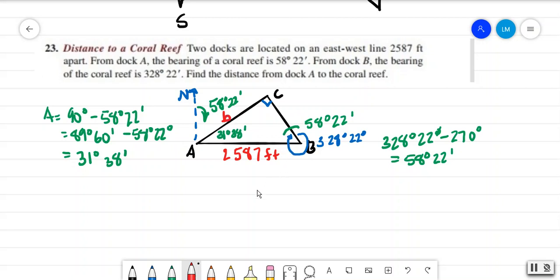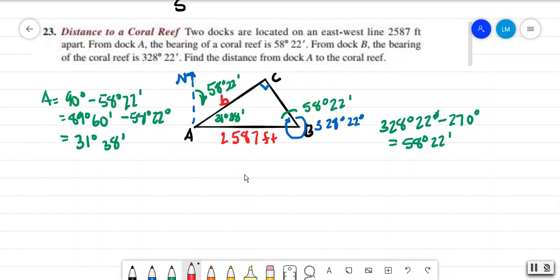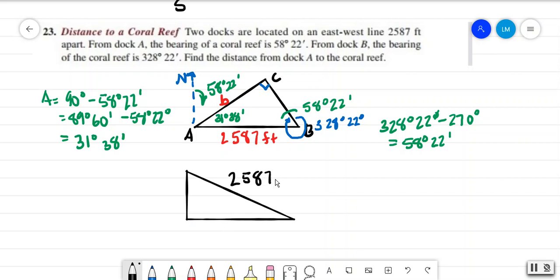Now in that case, what we can do easily is say, well, since I know the angle measure right here, and I know this part right here, and I know that that's the unknown, we can just put this together. So consider this. If we were to do a projection, like if we were to draw the triangle again, perhaps, we have that the hypotenuse is the 2,587.